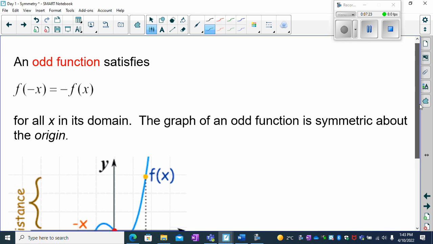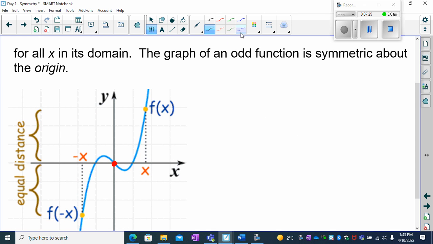Now, note the difference between an even and an odd function. Let's talk about this point right here. Let's say 1.8 to the right. When x equals 1.8, y is 1, 2, 3, or, yeah, just a little shade lower than 3.